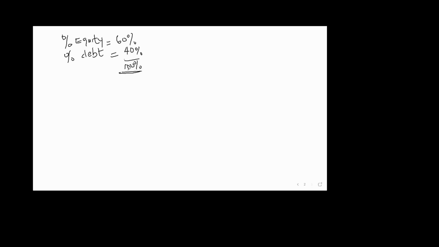The examiner can also play a trick on you. It will say the percentage of equity is 60% and remain silent on the percentage of debt. You should be able to interpret fast that percentage of equity plus percentage of debt must give 100%.